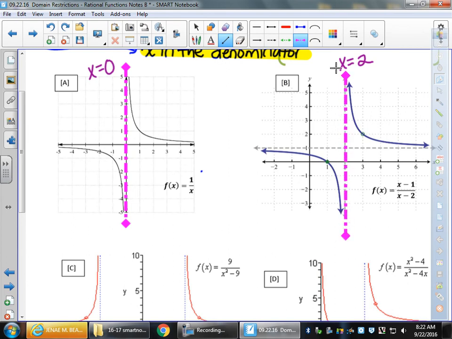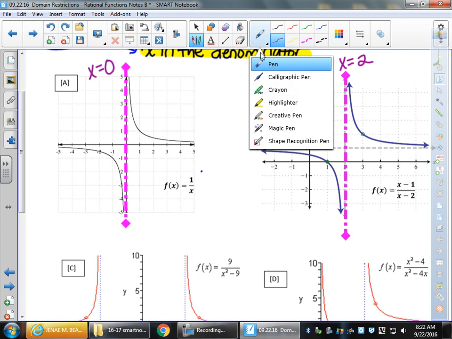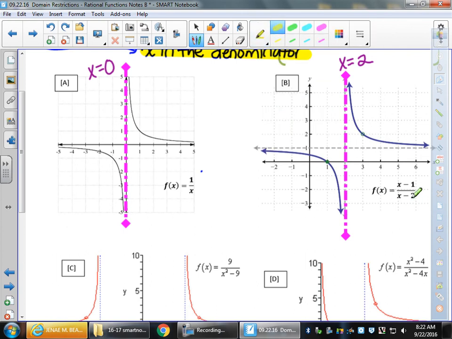Do we see any connection between x equals 2 and this denominator yet? Okay, so this horizontal line, don't worry about that.